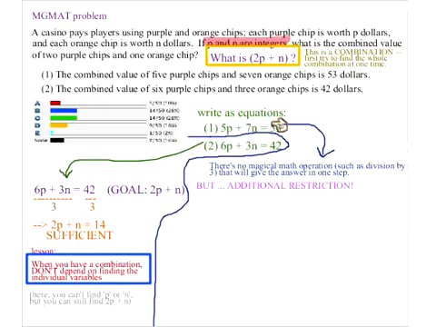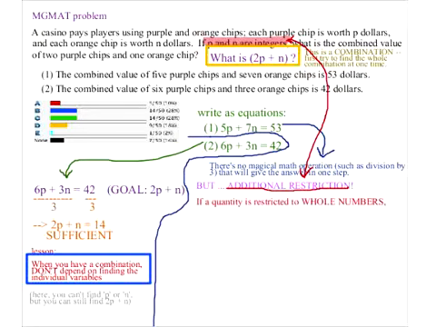You could, yeah, but there'd be no reason you would want to, because this would be 5/3 p plus 7/3 n is some god-awful number. So you wouldn't want to, but if you wanted to, you could knock yourself out. But here there's no reason to. This additional restriction is that they have to be integers. And so the major takeaway from this problem today is that if a quantity is restricted to whole numbers, then you have to be willing to test numbers. Algebra is not reliable.